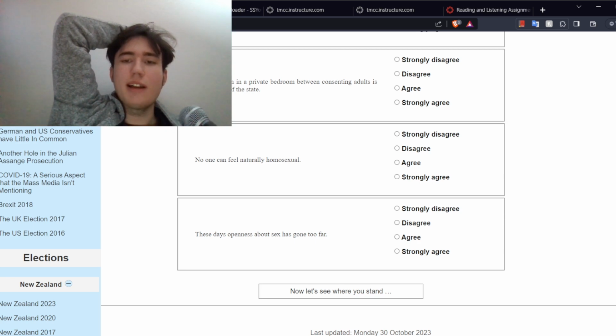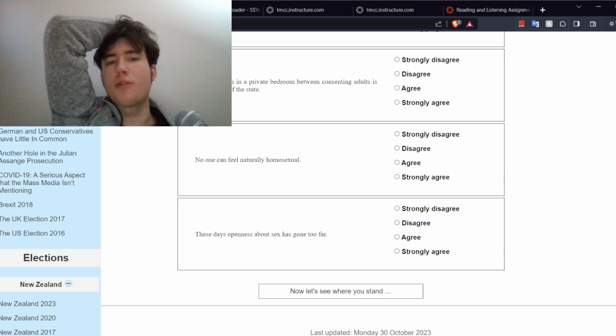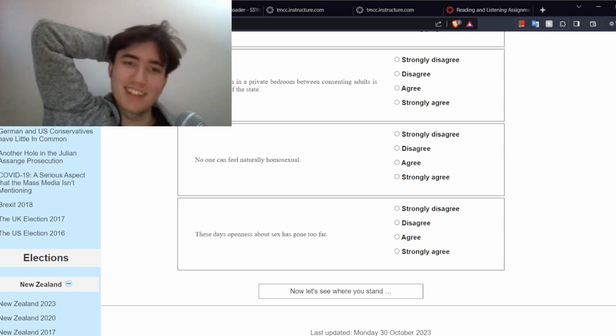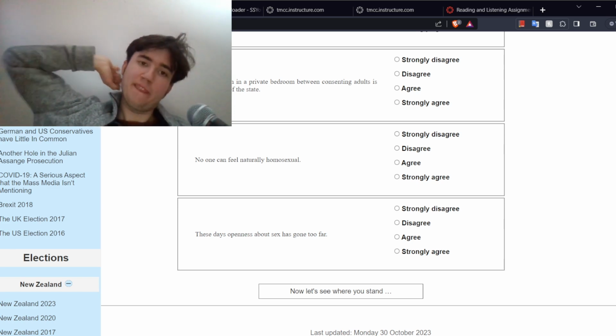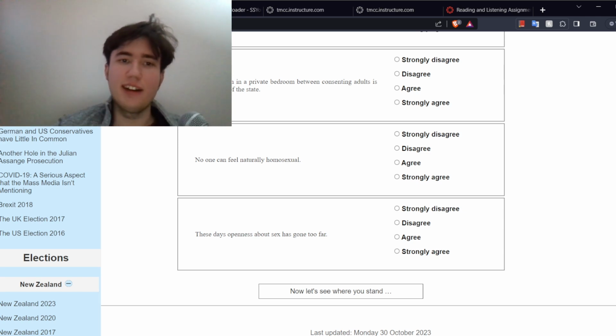I mean, what business would they have with that? What's the practical concern there? How is that interfering with the other business of state? So I guess I would agree.